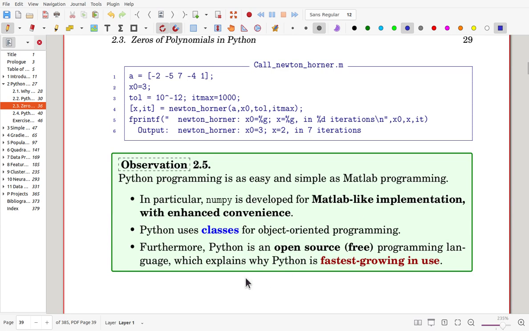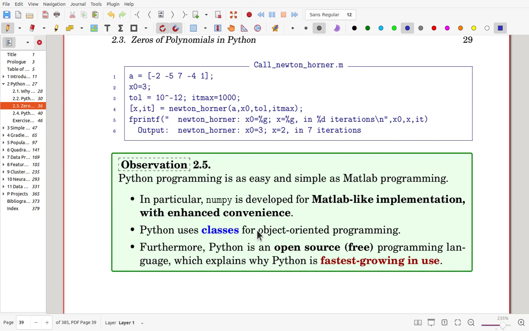Here we have observed that Python programming is as easy and simple as MATLAB programming. Particularly, NumPy is developed for MATLAB-like implementation with enhanced convenience.